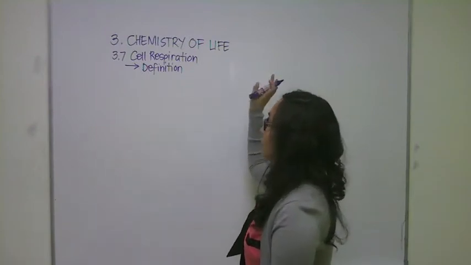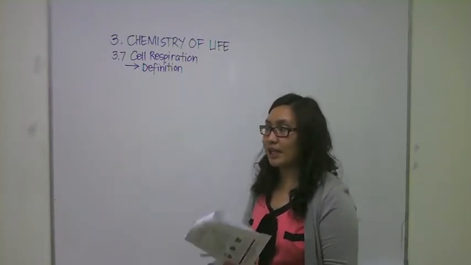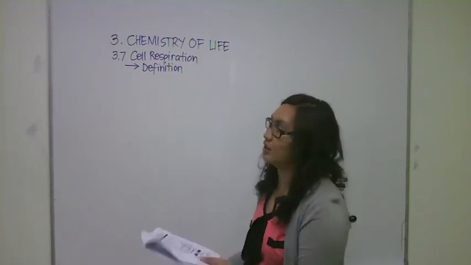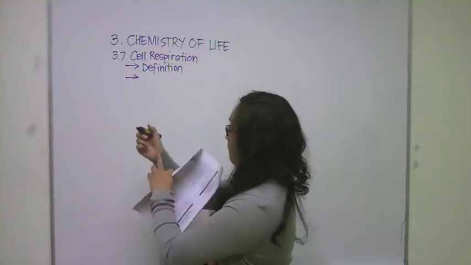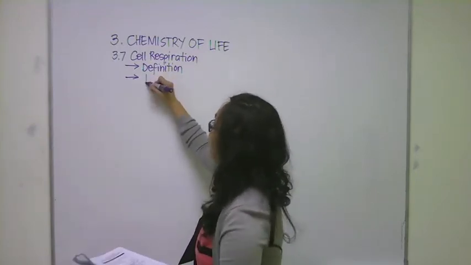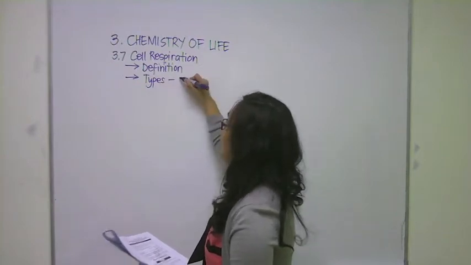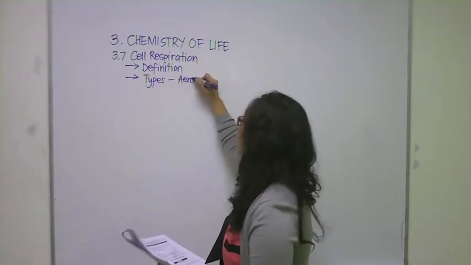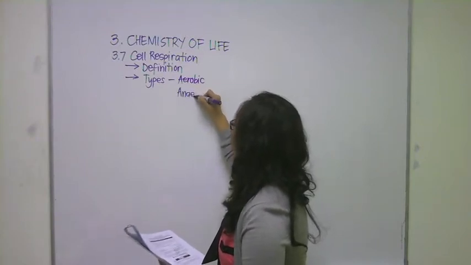Since it is a controlled release of energy, cells can continuously produce energy. Right after writing down the definition, we can also include the types. Under types, we have aerobic respiration and anaerobic respiration.